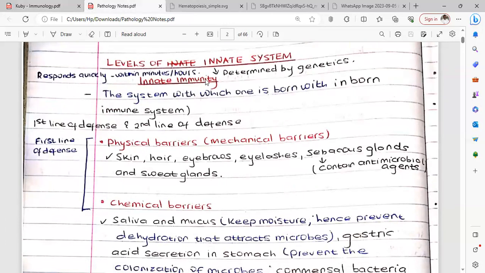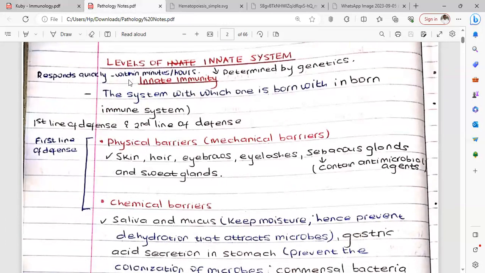As I've said, the innate system responds quickly, within minutes to hours, and it is one that one is born with. As I've said, it's the first line of defense. But when you go for further classification, you see that it has the first line and second line. And adaptive immunity is one that has the third line defense.